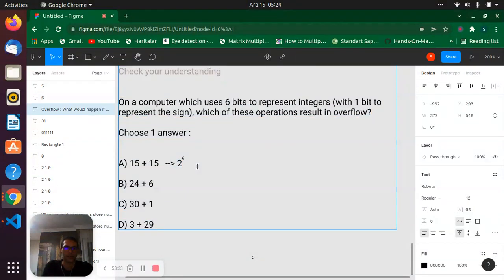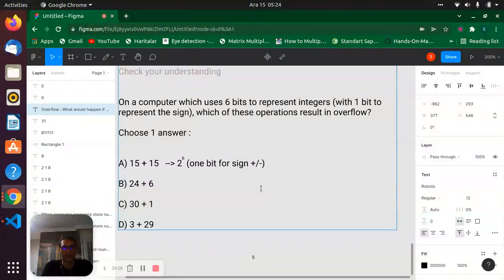Okay, let's come back here. 6 power of 2, it's 1 bit for sign. I mean, we will use 1 bit for sign, right?